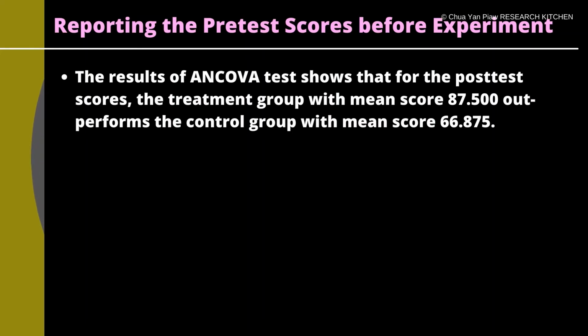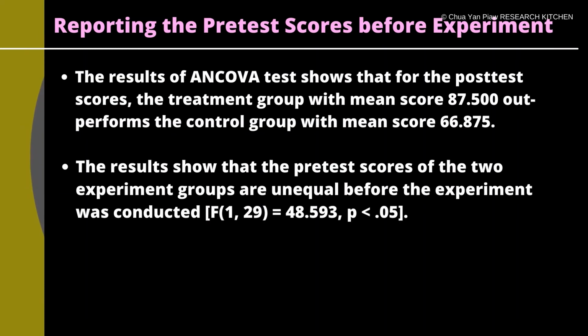The result of the ANCOVA test shows that for the post-test score, the treatment group with mean score 87.500 outperformed the control group with the mean score 66.875.